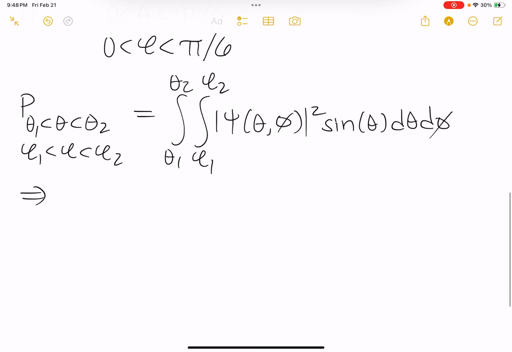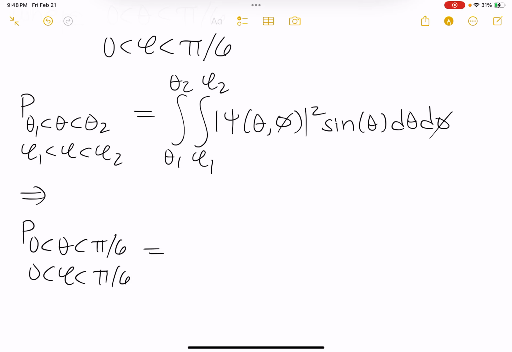So the probability of measuring theta between 0 and pi over 6, and phi between 0 and pi over 6, is defined to be the double integral, with theta 1 is 0 to theta 2 is pi over 6, and phi 1 is 0 to phi 2 is pi over 6.